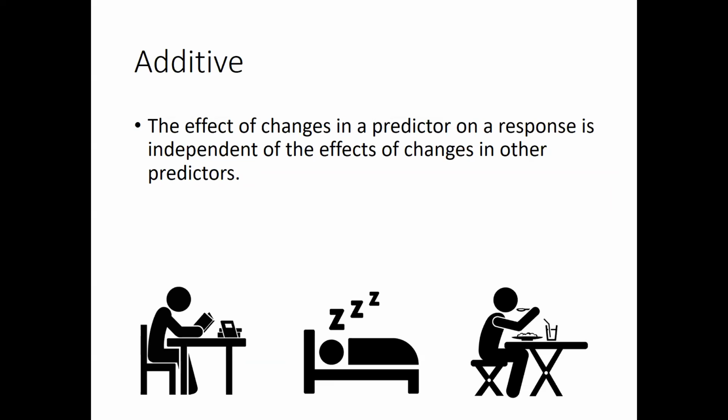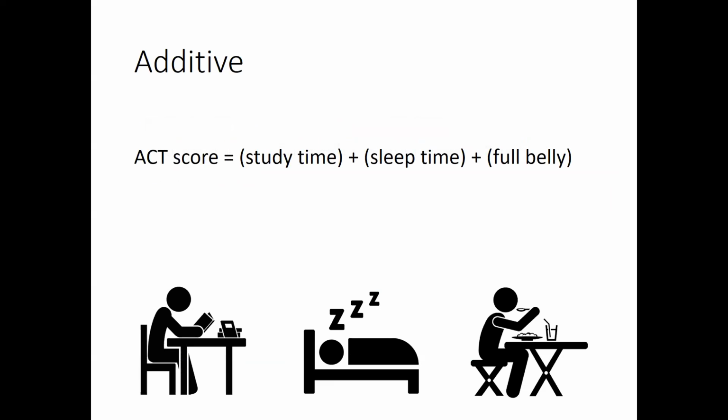Nonetheless, this idea of having an additive relationship is that these changes are independent of changes in other predictors, right? So studying, sleeping, eating, all of those are known to be somewhat predictive of a standardized test score, like an SAT or ACT score for high schoolers.